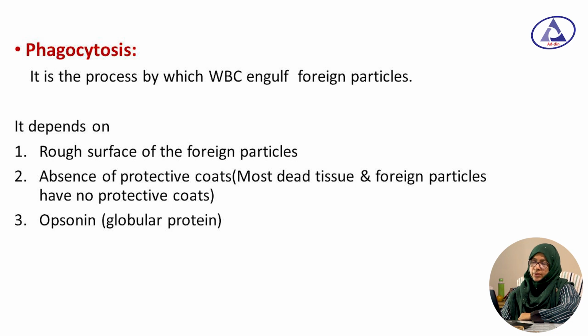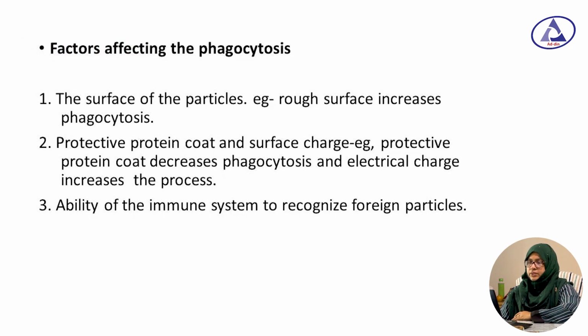This is the process by which WBC engulf foreign particles. It depends on the rough surface of the foreign particles, absence of protective coat, and also opsonins. Factors affecting phagocytosis, we have already discussed.